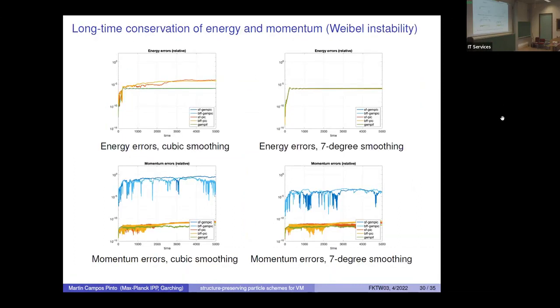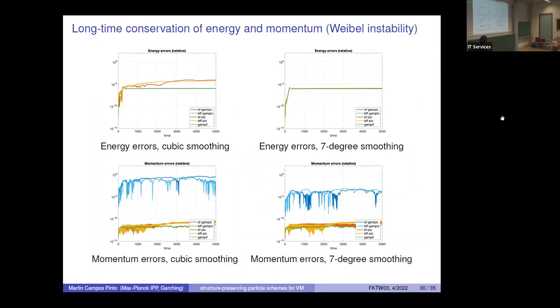Okay, and there are some numerical validation, but essentially we were using small numbers of particles and playing with the orders of the smoothing or the orders of the solvers.